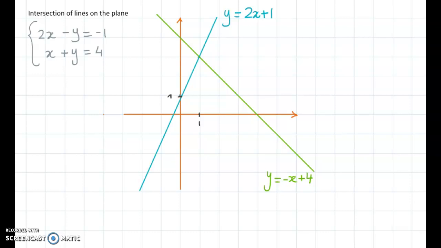Each one of those equations represents a line, and those are the two lines I have graphed here. I did rewrite the equations in the gradient-intercept form, just for the ease of graphing them.